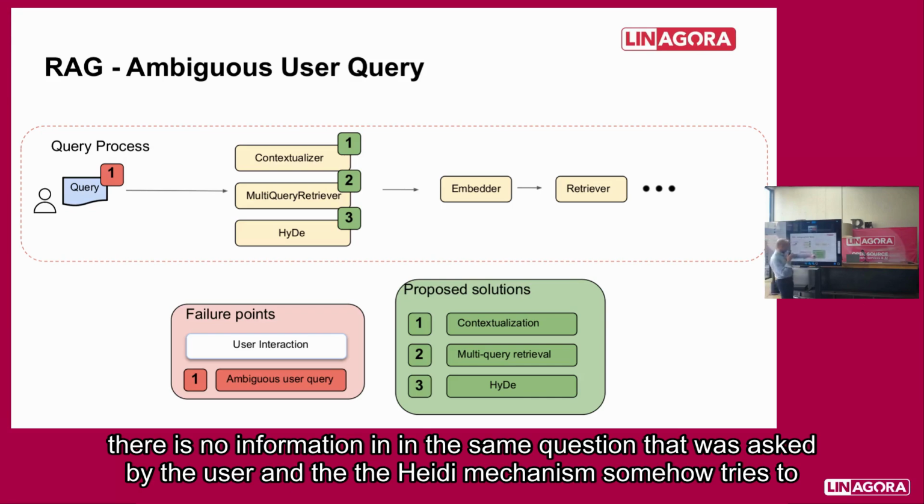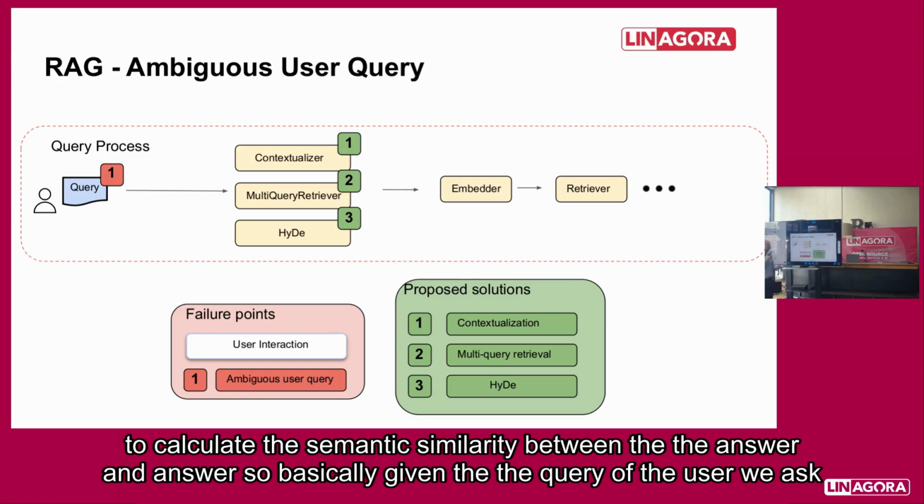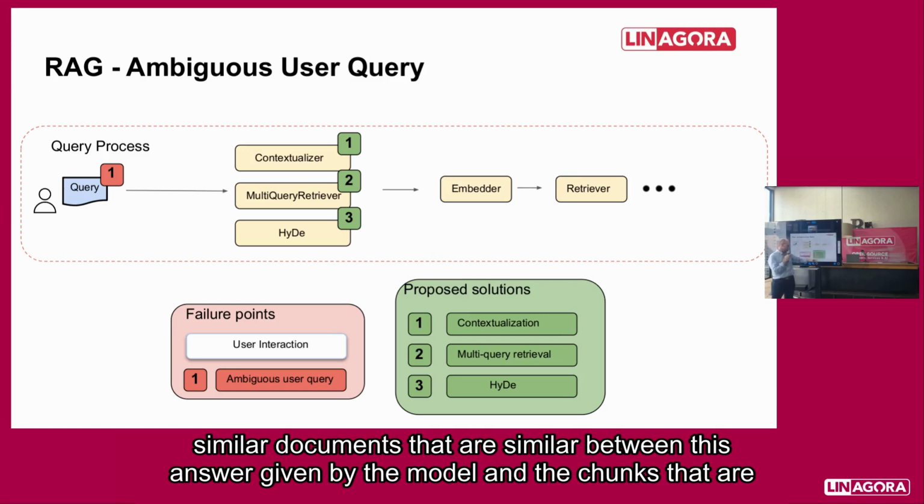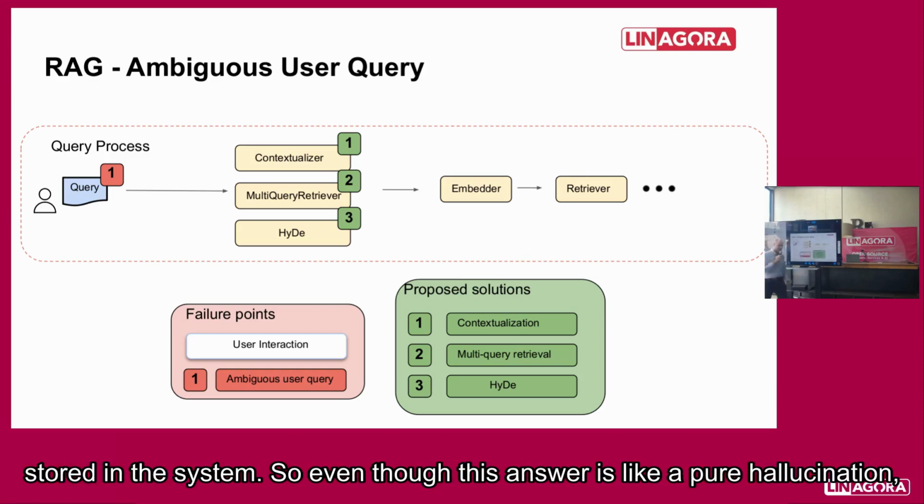And the HIDE mechanism somehow tries to calculate the semantic similarity between the answer and answer. So basically, given the query of the user, we ask the LLM to give some hypothetical answer based on its prior knowledge, and then we search for documents that are semantically similar between this answer given by the model and the chunks that are stored in the system.